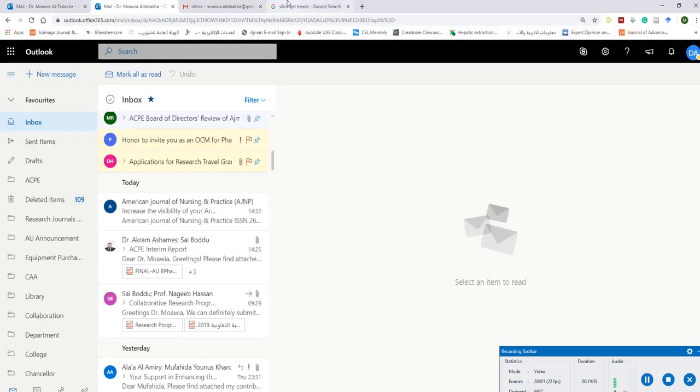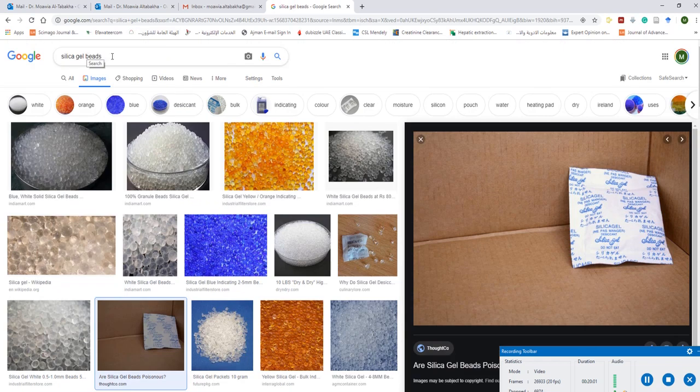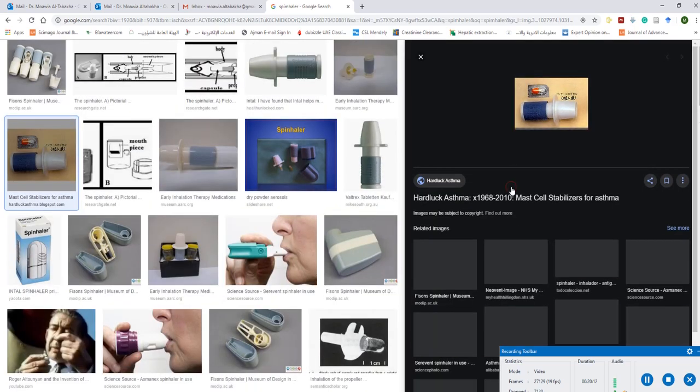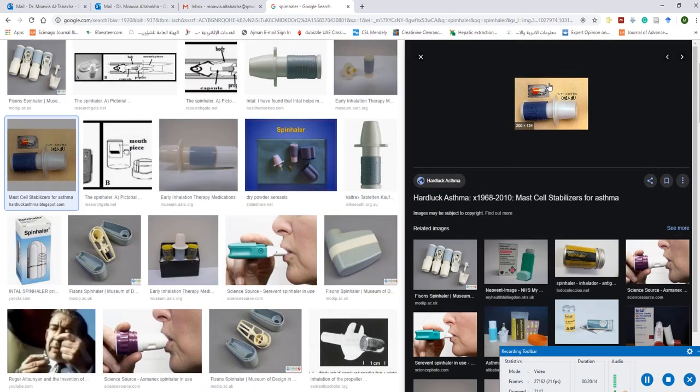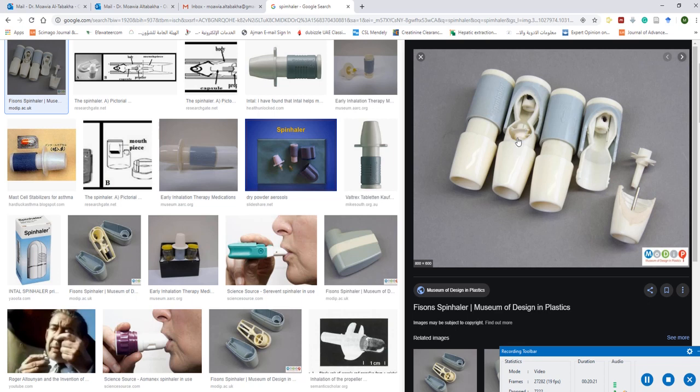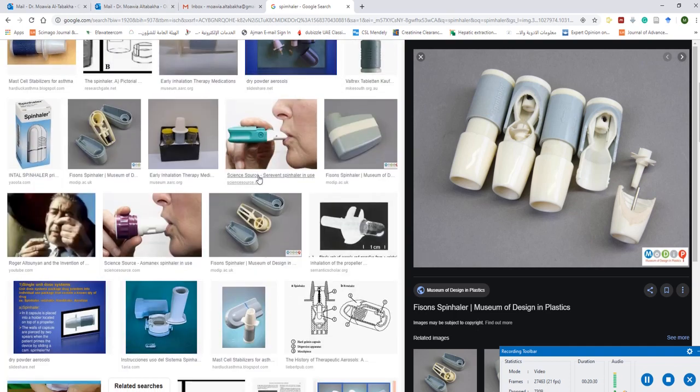So I will show you this. Going back here, I will type spinhaler. Now this is the spinhaler. You see this photo, okay? You see a capsule, and this capsule is fitted inside the spinhaler. You see here there is like a fan, and you fit the capsule in this area of the spinhaler. Also we have the rotahaler.